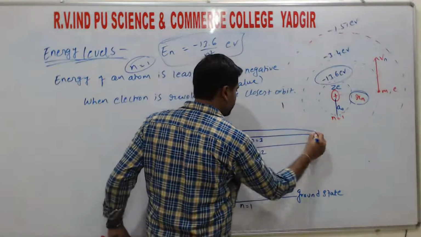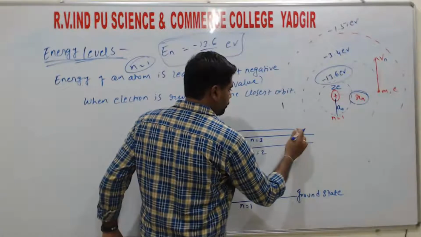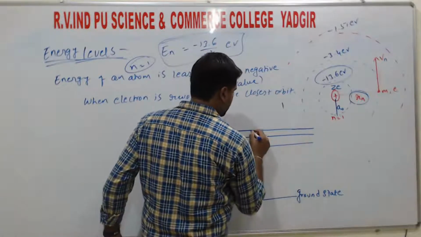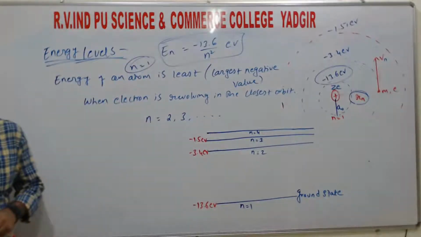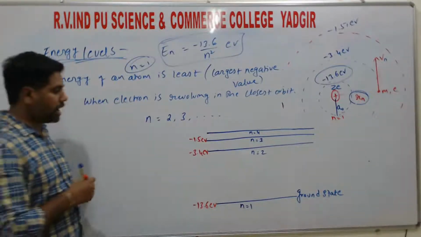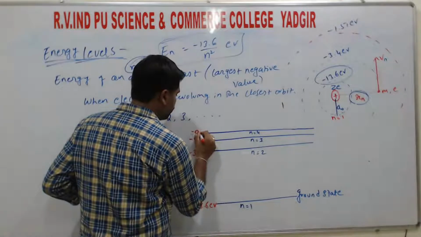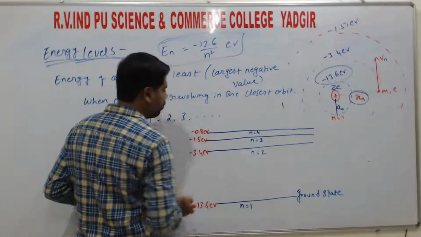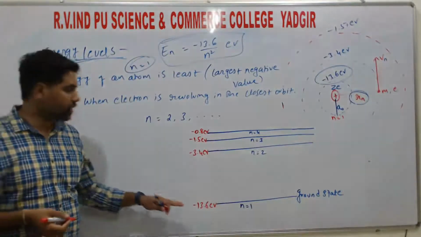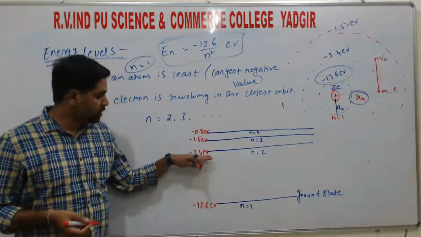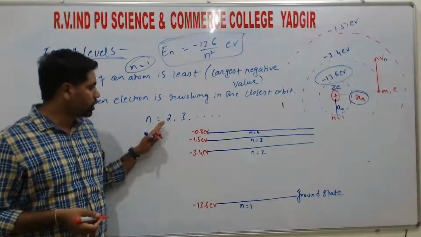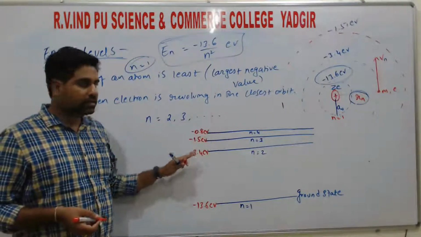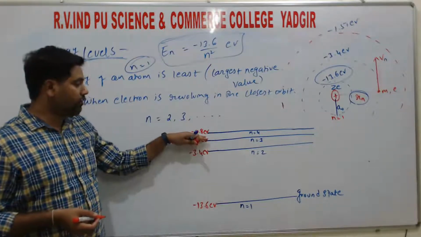If we move the electron further out, for n equals 4, the value is minus 0.8 electron volt, right? So here 13.6 directly jumps to minus 3.4, because as we substitute the n values here, we get these values.